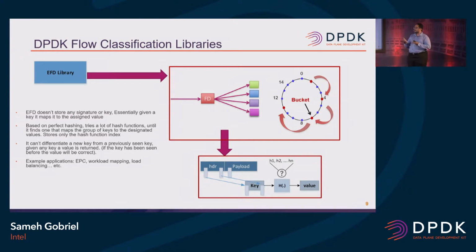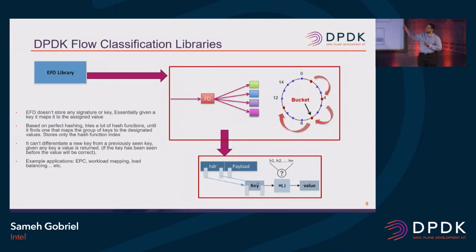Imagine that you have a use case where you have incoming flows, and you just want to distribute these flows on servers, so the subsequent packets of the same flow will go to the same server. So you have in-order processing.